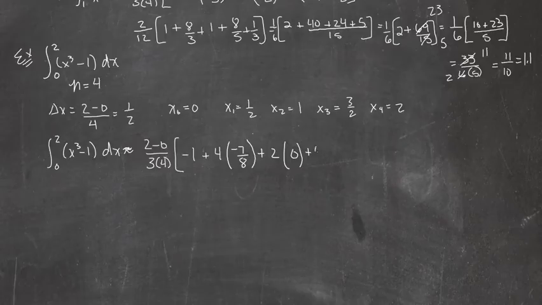Plus 4 times 3/2 cubed, 27/8 minus 1, which is 8/8, is 19/8. Plus, now this is my last one, so I'm not going to put a multiplier in, not a 4 or a 2. So my last one is just 2 cubed is 8 minus 1 equals 7.